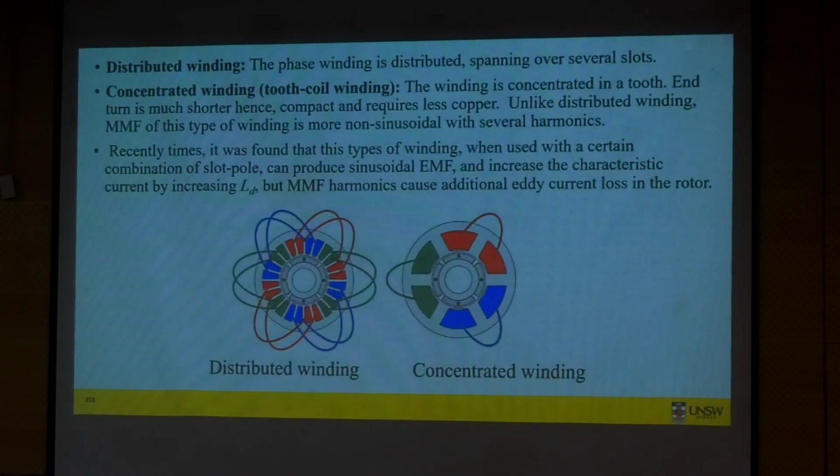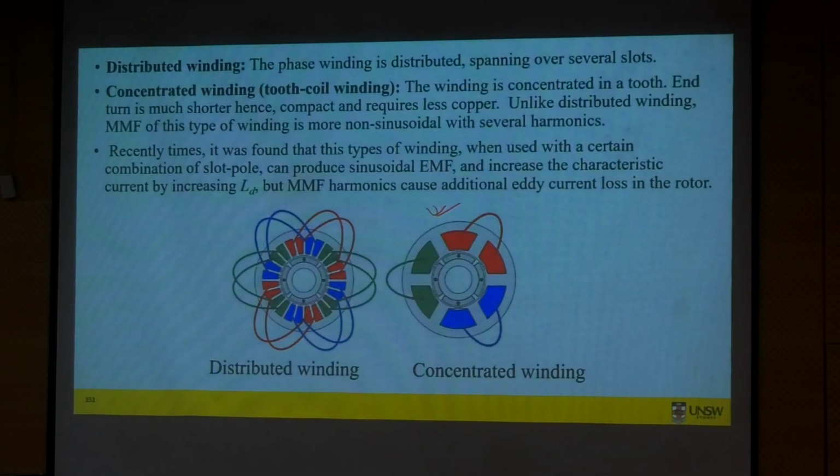So you cannot have random slot per pole combinations in concentrated winding. There are particular combinations you have to use. If we go through those, then we can have sinusoidal induced EMF and much smaller torque ripple in this type of machine because your EMF becomes sinusoidal.